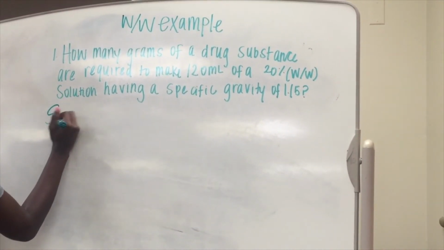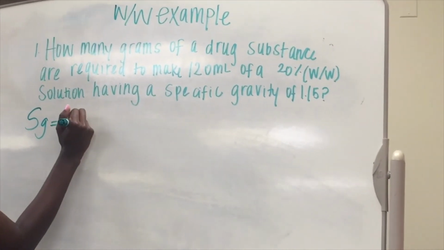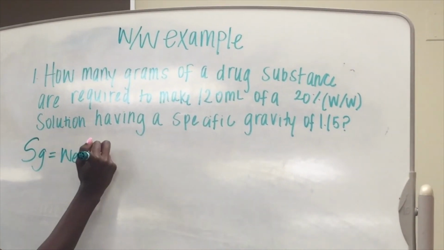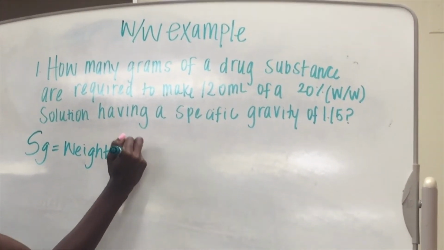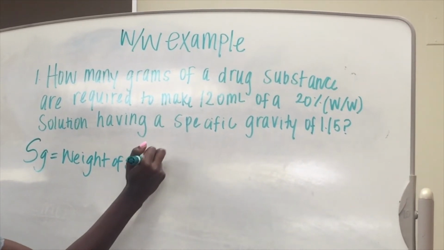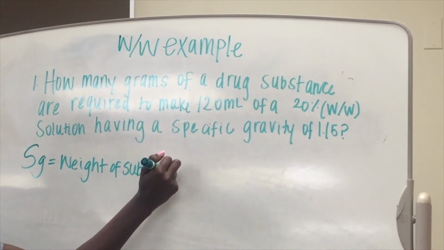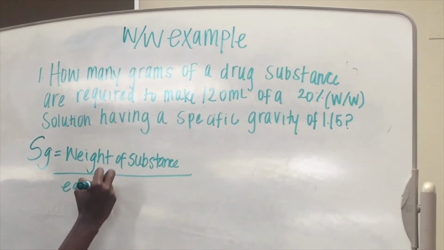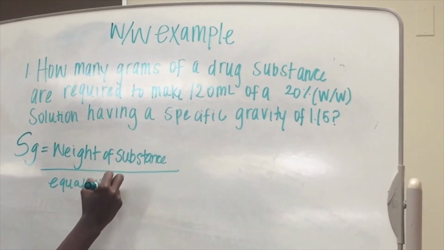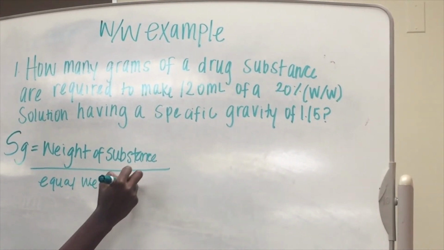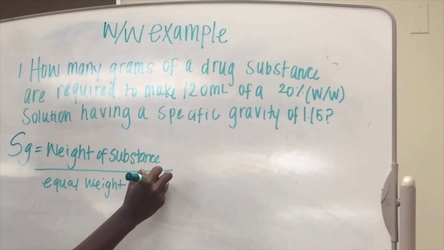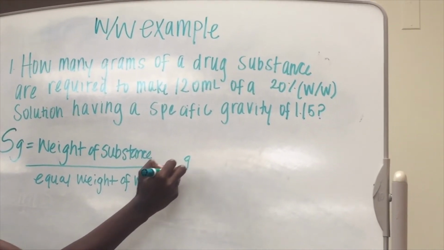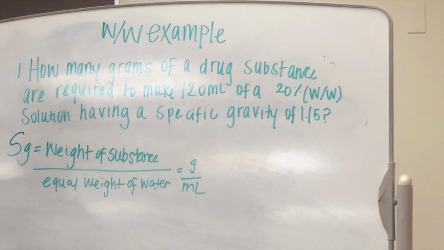So specific gravity equals weight of a substance over equal weight of water, with the units being grams per ml.